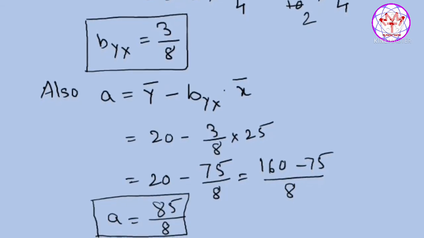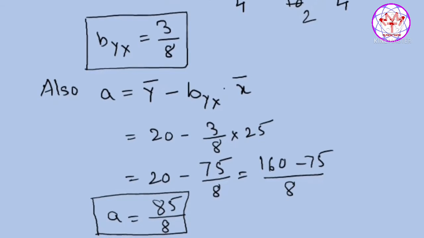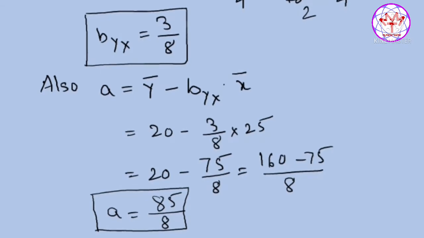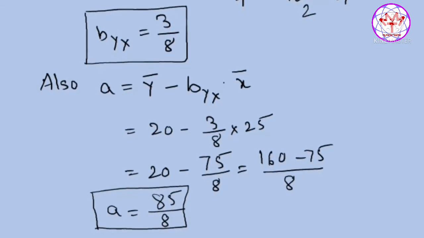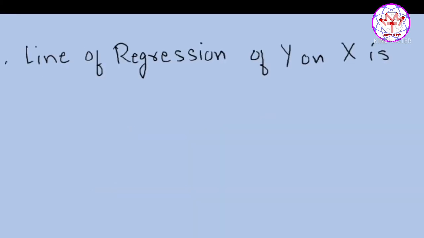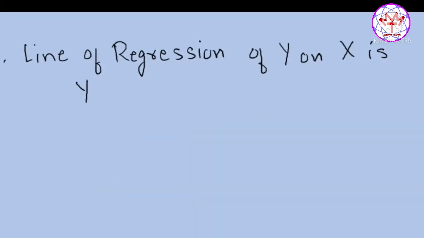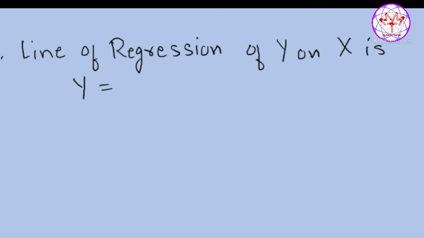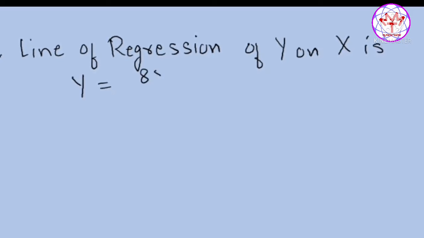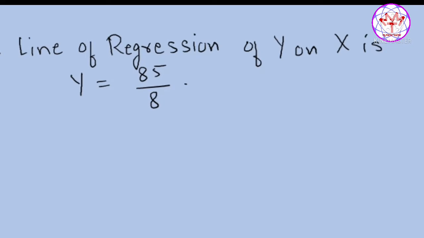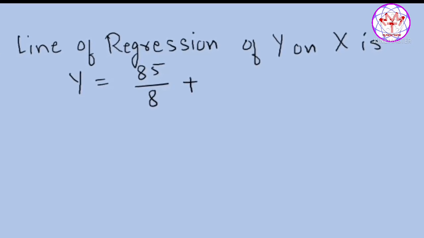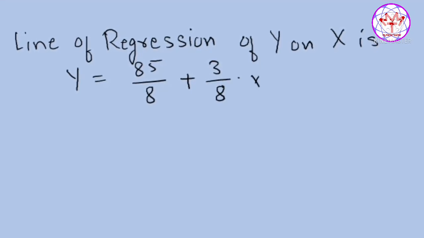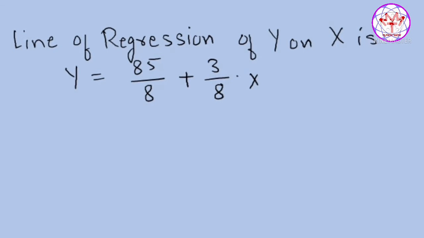Now by substituting the values of byx and a in the line of regression of y on x, we'll get the equation of line of regression of y on x. We know that line of regression of y on x is y is equal to a plus byx into x. a is 85 upon 8 plus byx is 3 upon 8 into x. So this is your line of regression of y on x.